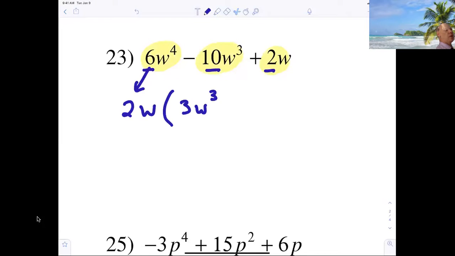I'm on this term right here. What kind of 5? Why? Don't just say negative because I said so. Is it positive or negative? Why? Yes. 10 divided by 2 was what? Now, how many W's are left?